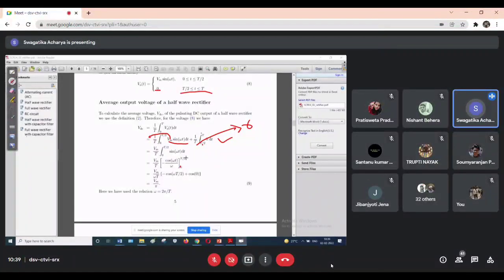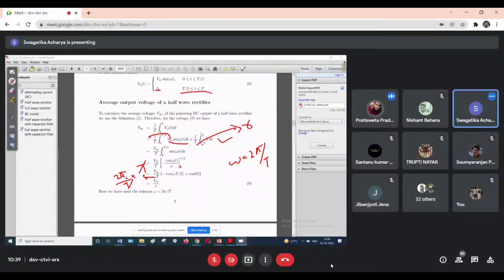Now apply omega equals 2 pi by T. Put 2 pi by T into capital T, so T cancels out, remaining is 2 pi.